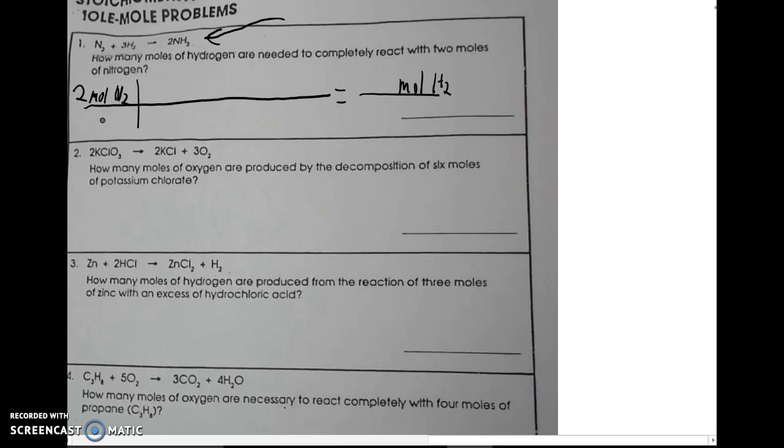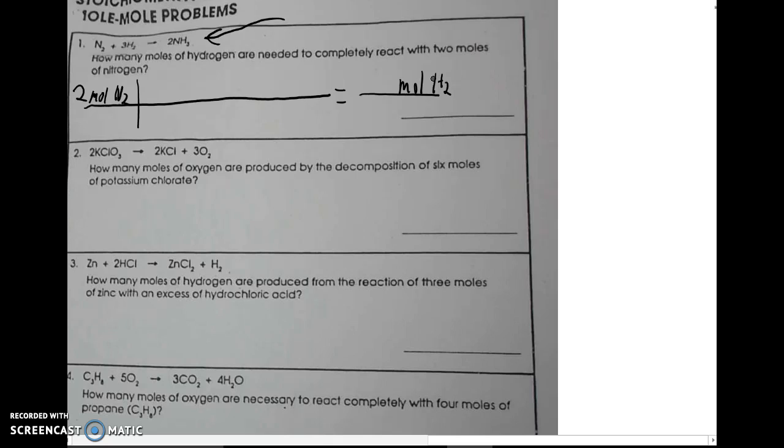But for every stoichiometry problem, I'm going to need a mole ratio to see the relationship between these different components. So that mole ratio is going to come from the substance in my starting point, and the substance in my final unit.